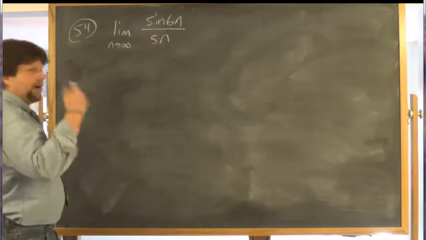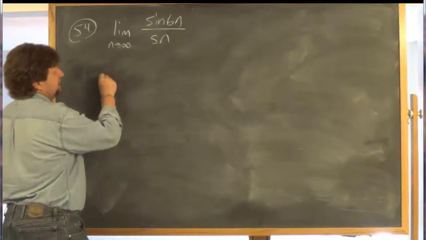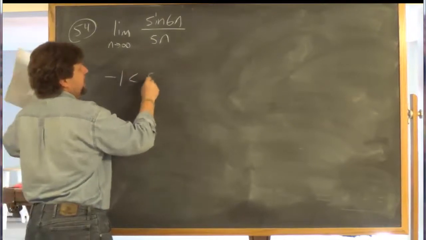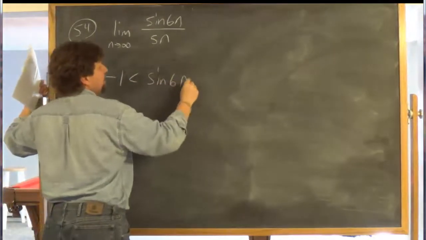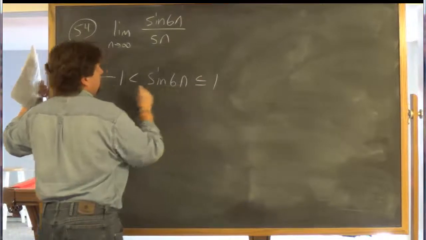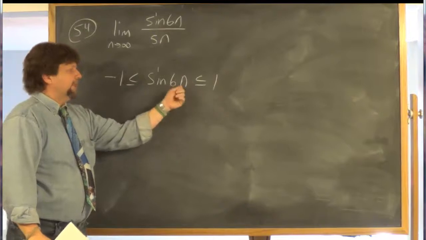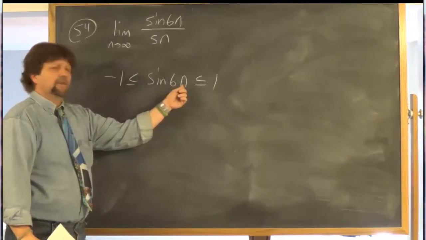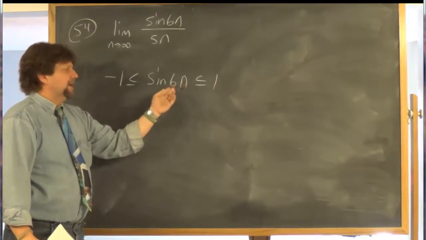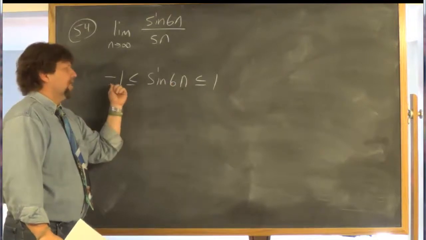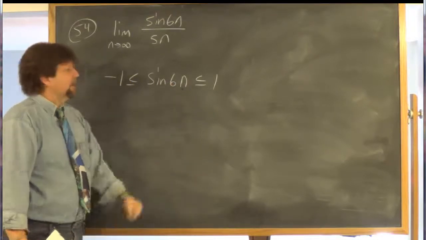The first thing that pops into my head is, well, the sine of 6n is always going to be trapped between negative 1 and 1. It doesn't matter what n I have in here: 1, 2, 3, 4, 5, 6. The sine of 6n is always between negative 1 and 1.